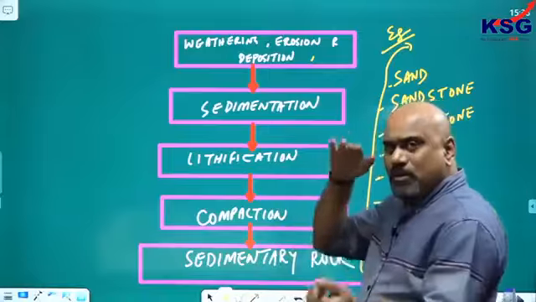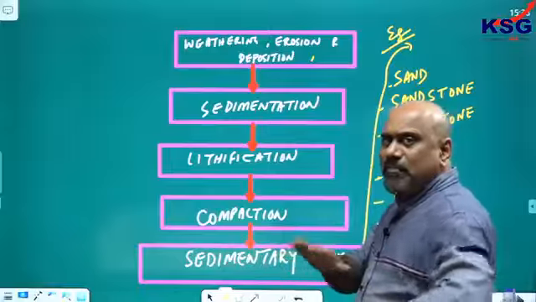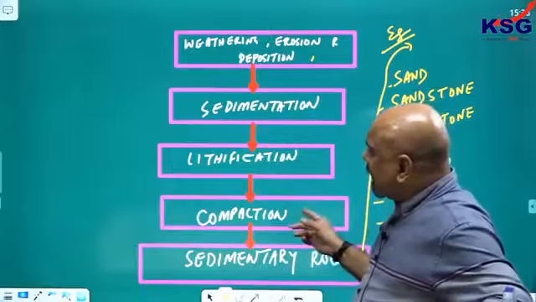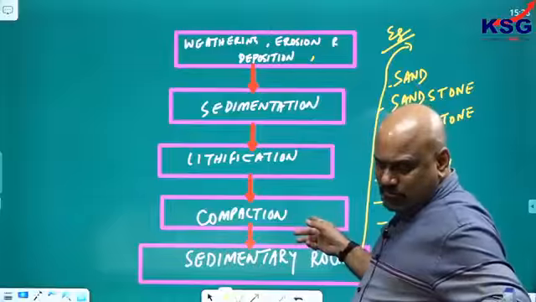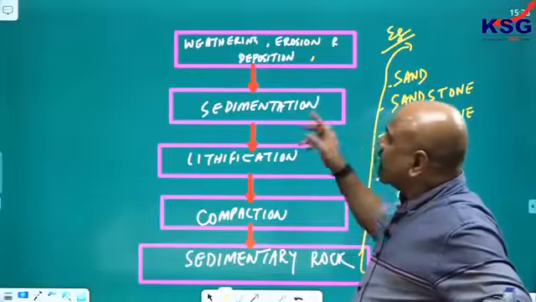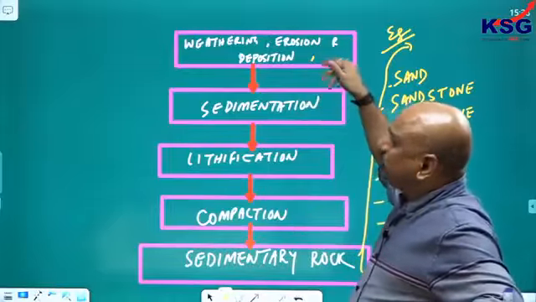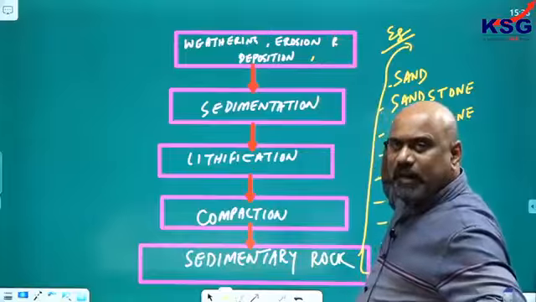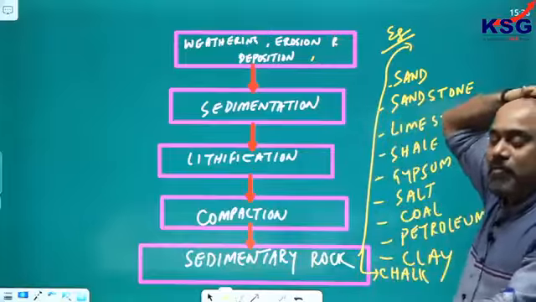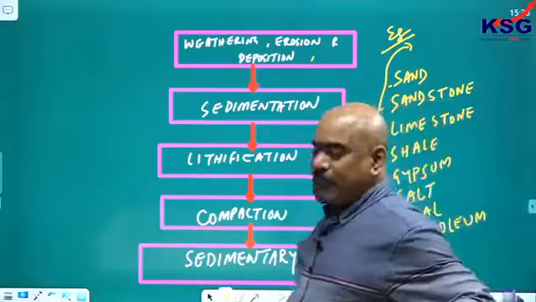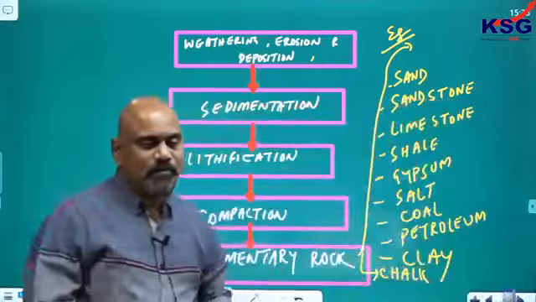In compaction, they are completely in layer by layer formation. Layering starts in lithification and is completed in compaction. Sedimentation is only loose deposition of materials from the parent rock by different agents of erosion.